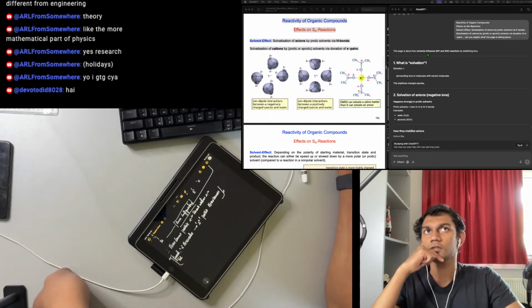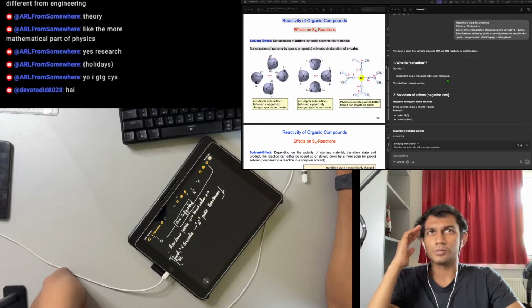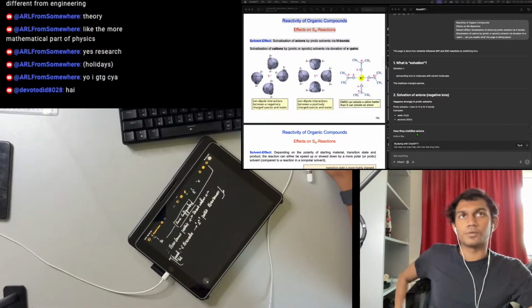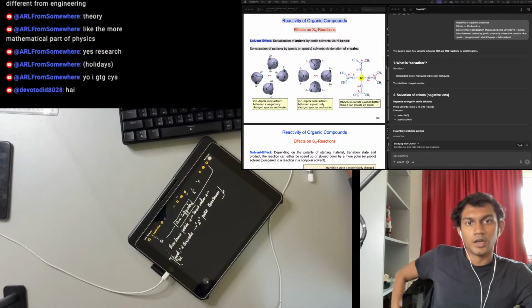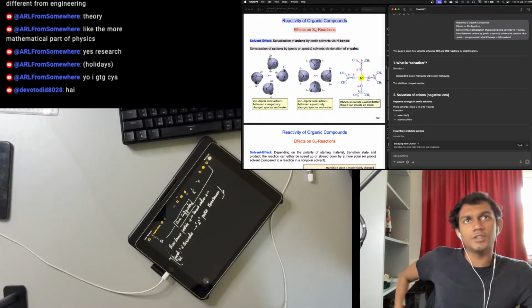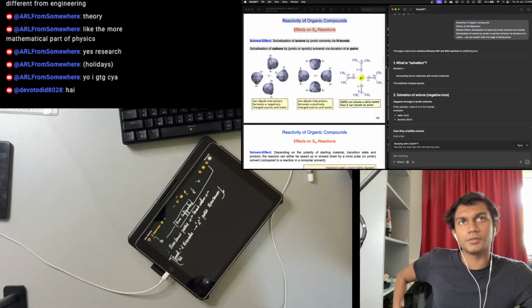This page is about how solvents influence SN1 and SN2 reactions by stabilizing ions. What is solvation? Solvation equals surrounding ions or molecules with solvent molecules. This stabilizes charged species. Solvation of anions happens strongly in protic solvents. Protic solvents have OH or NH bonds.